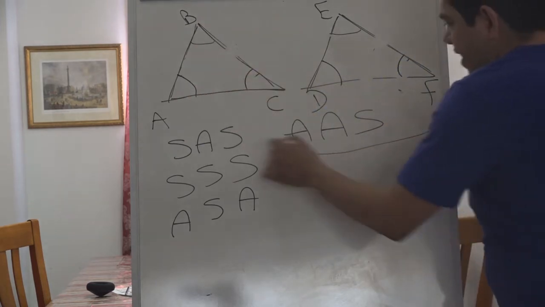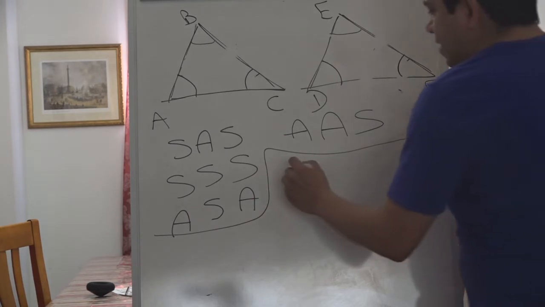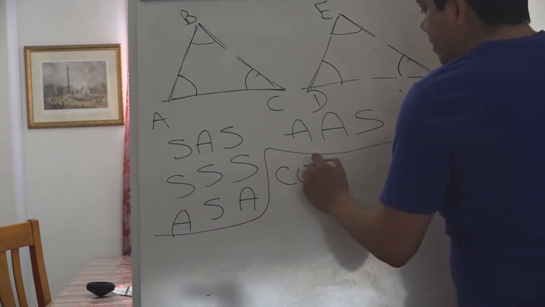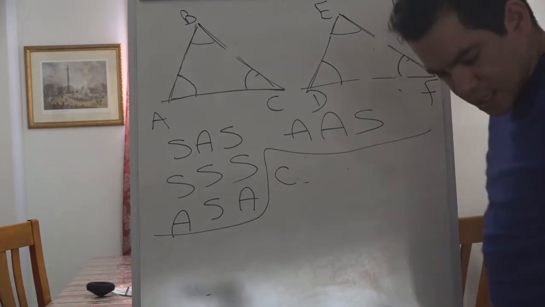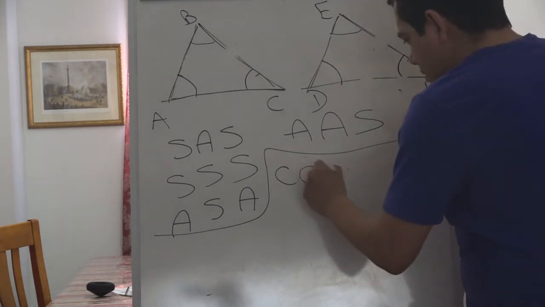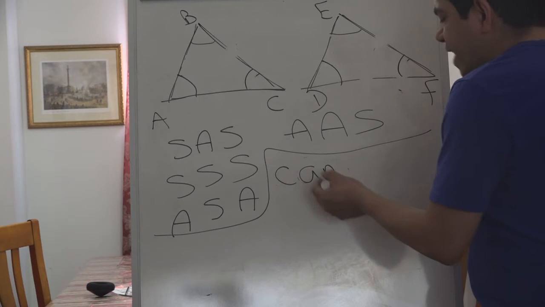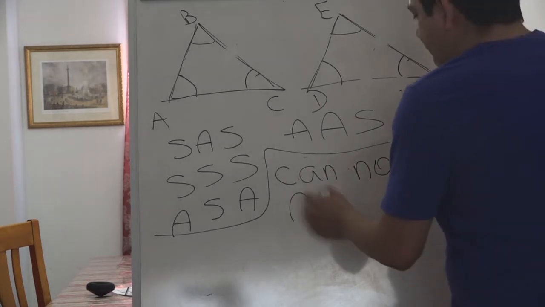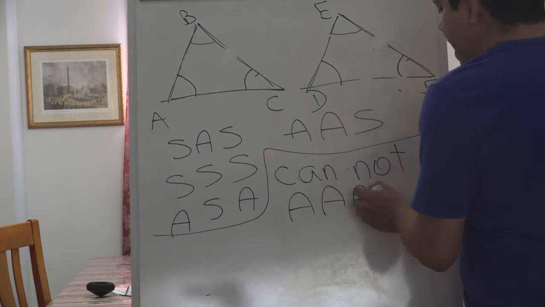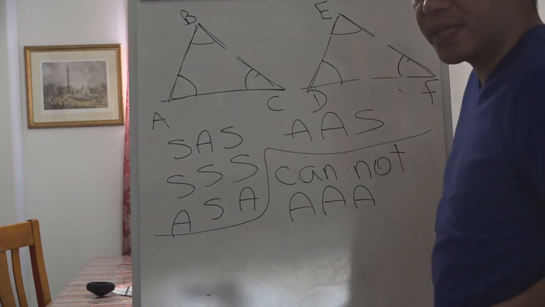So right here, you cannot prove triangles congruent by angle, angle, angle, okay?